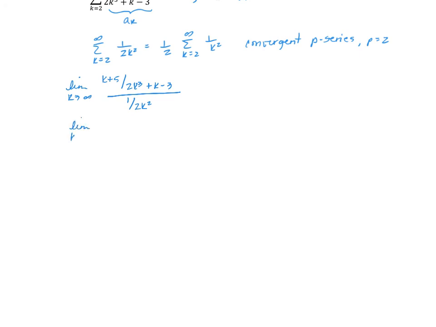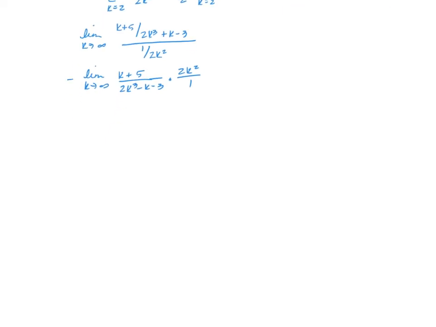So that's kind of a mess to evaluate. I'm going to clean this up by using properties of fractions and have times the reciprocal of the denominator. So I'm going to multiply this by 2k squared over 1.